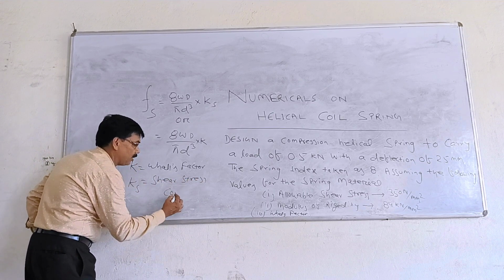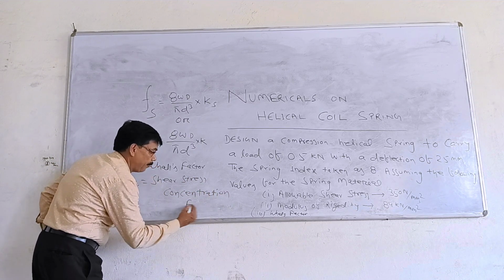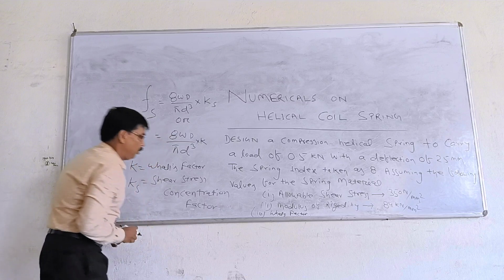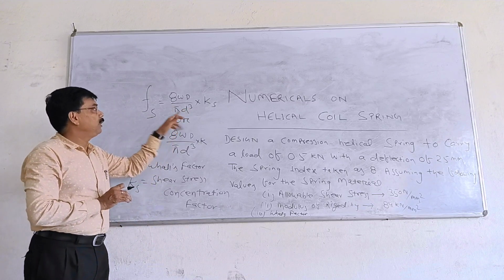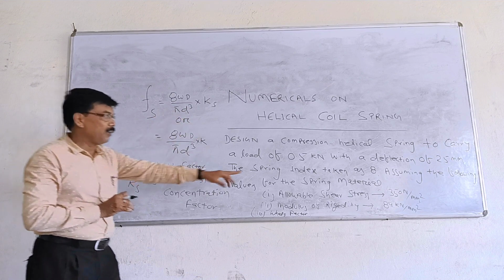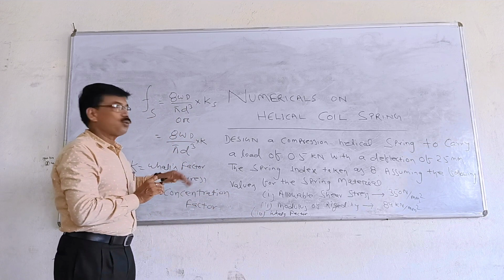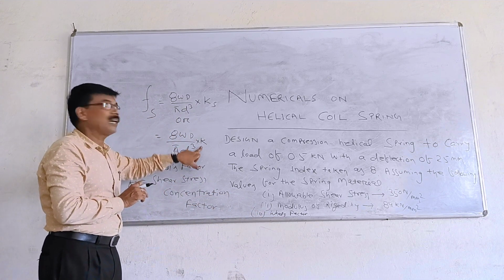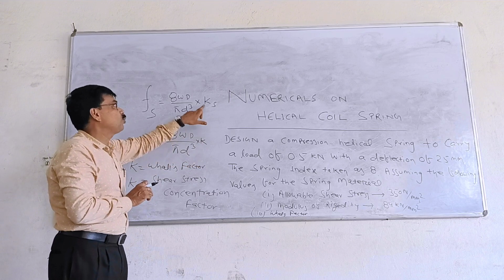So either of these two factors we use in the formula. Here, since it says assuming Wahl's factor, we will use only K instead of Ks in the formula.